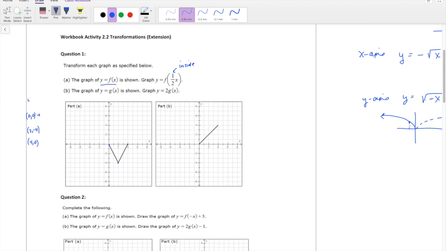If I'm looking at y equals f of 1/2 x, I'm going to multiply each input value, or x coordinate, by 2, the opposite of what's happening in the definition. Since this is really x divided by 2, or 1/2 of x, I'm going to multiply each x value by 2. So 0 times 2 is 0, 2 times 2 is 4, and 4 times 2 is 8. And then the y coordinates stay the same.